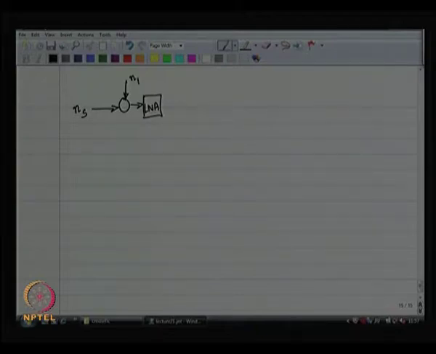So, N1 and Ns should be comparable, probably N1 should be lesser than Ns, N1 should be as small as possible. Basically, this is what a low noise amplifier means. Right.